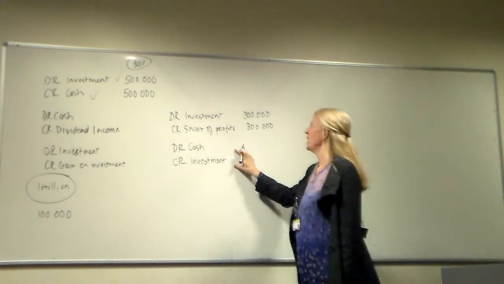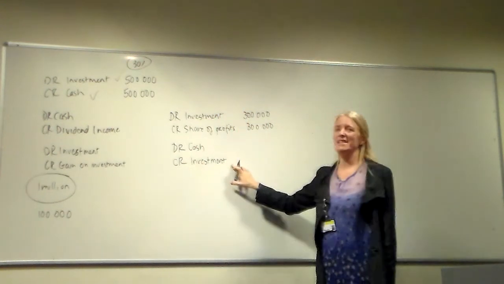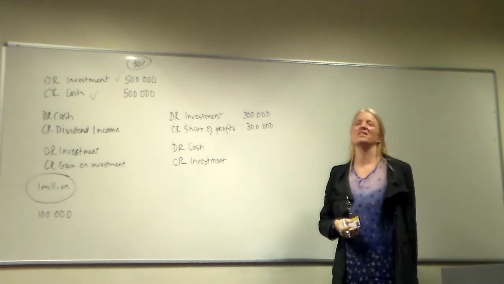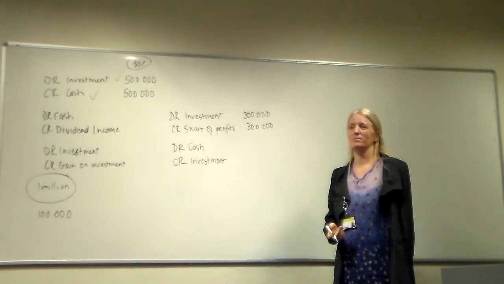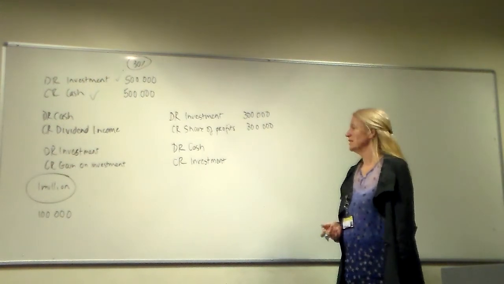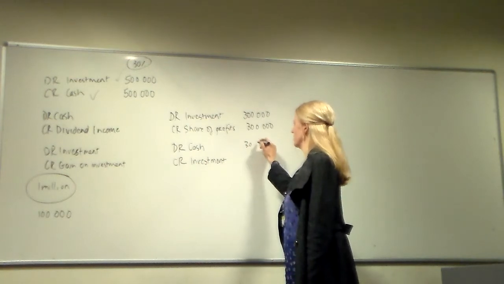Basically, what's happening there is your investment is going down because they have shared the profits, but at the same time, you're earning cash. So obviously, it's going to be 30% times 100,000, which is 30,000.